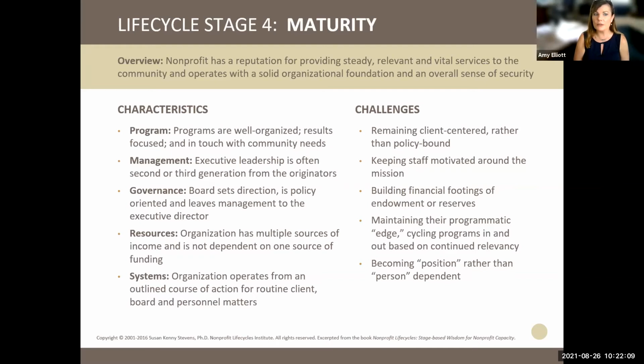Management, executive leadership is 2nd or 3rd generation from the originators. If you still got a founder around at this point, you're probably out of alignment. Some founders are versatile enough that they can go through to maturity, but that's worth taking a look at and having a good conversation about when you do your honest assessment and your diagnosis.